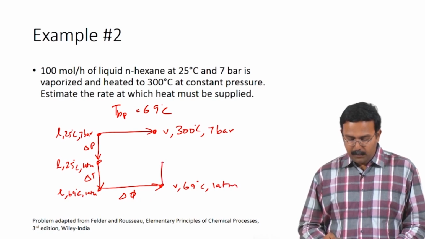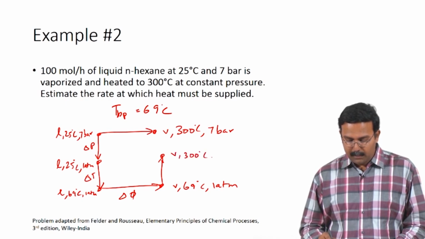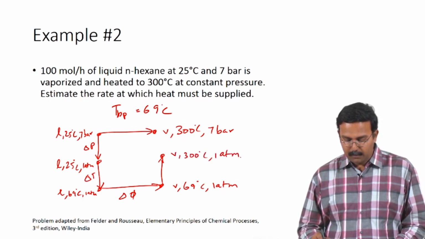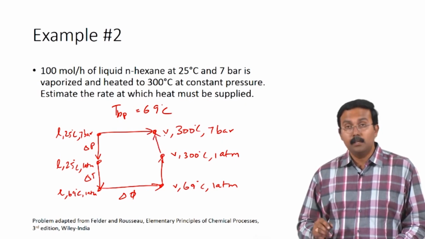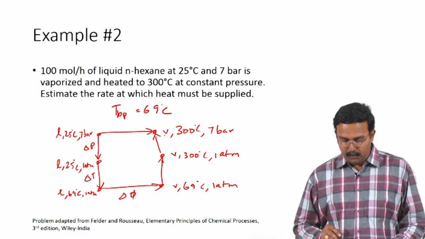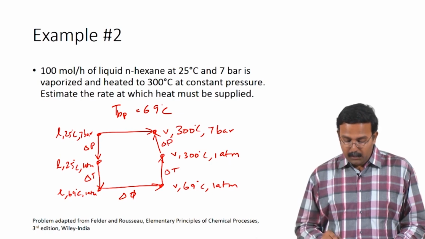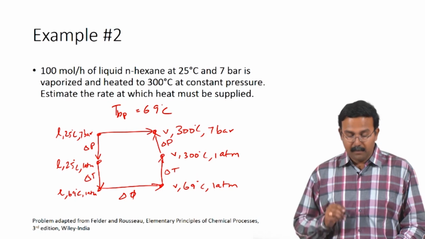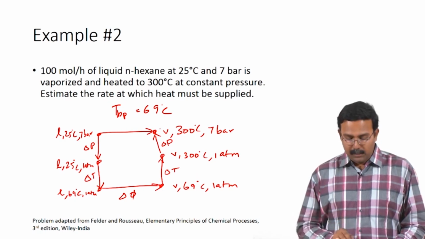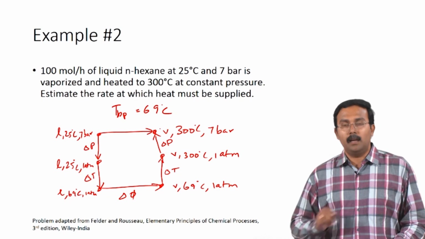So, from here we can heat it to vapor at 300 degrees Celsius and 1 atmosphere, and the last step of the hypothetical path is to change the pressure from 1 atmosphere to 7 bar, actually, sorry. So, this hypothetical path has 1, 2, 3, 4 and 5 steps instead of the single step which is the real path.